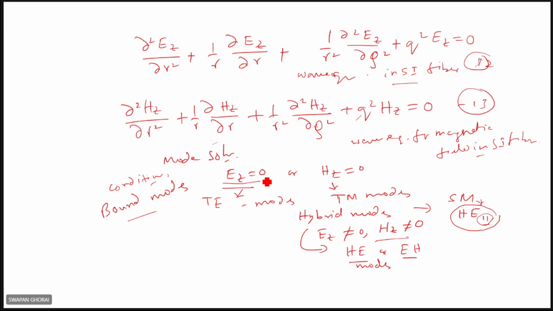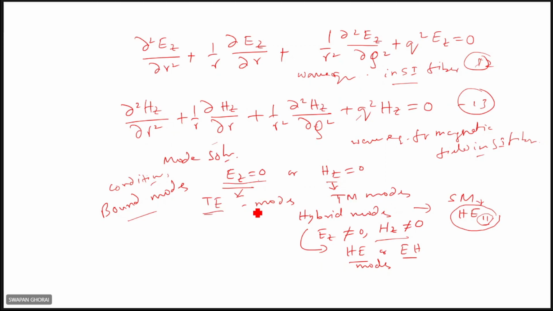So if EZ equal to 0, then the mode solutions that are obtained are called TE modes, transverse electric modes. And if HZ equal to 0, then the mode solutions that are obtained are called TM modes, transverse magnetic modes.